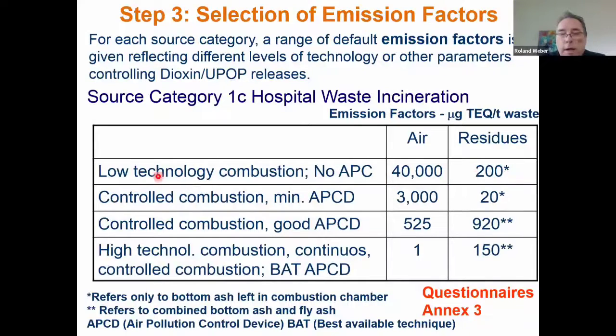Or controlled combustion and a small air pollution control device, then the emission factor is already 10 times less. And if you have a high technology combustion and continuously controlled combustion, then the emission factor is very low.